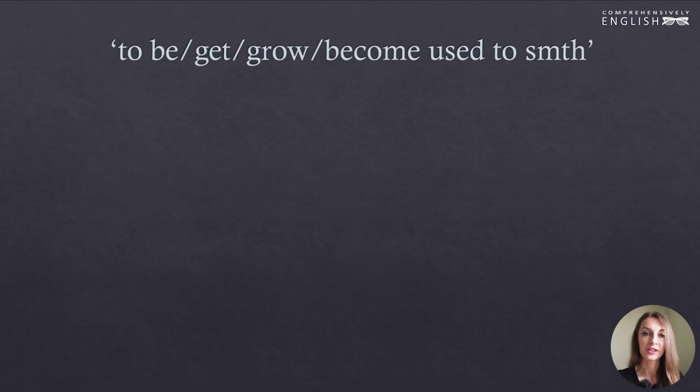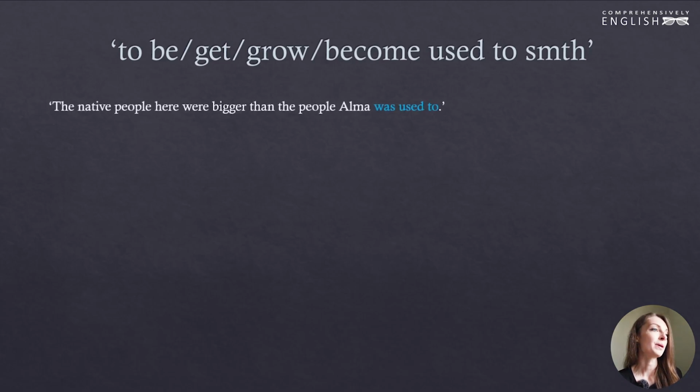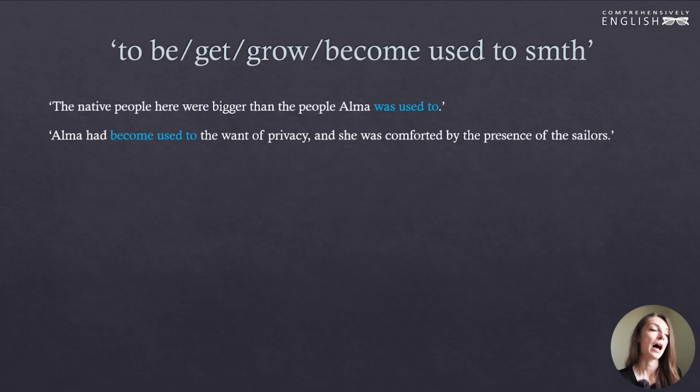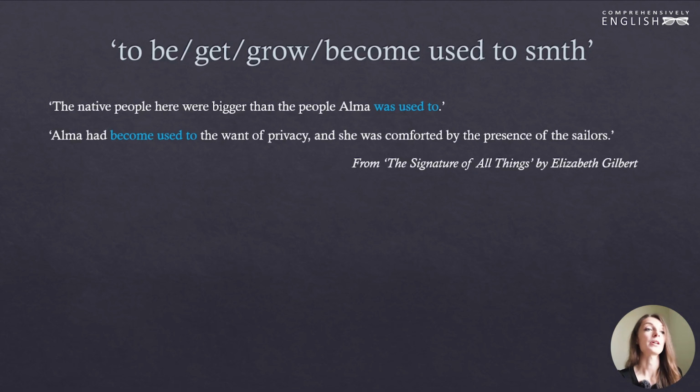We'll start with examples. The native people here were bigger than the people Alma was used to. Alma had become used to the want of privacy, and she was comforted by the presence of the sailors. Again, the examples are from The Signature of All Things by Elizabeth Gilbert, and as you see, was used to is not the same as used to.